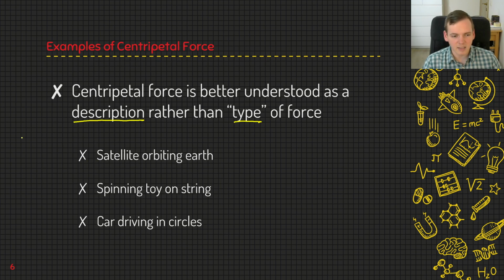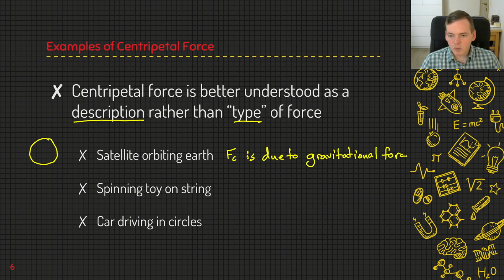So for example, if a satellite is orbiting the Earth in a perfectly circular orbit, the centripetal force is due to the gravitational force. Or in other words, we can think about instead saying the gravitational force in this instant is a centripetal force. It is a force causing circular motion. If I've got a little toy that I'm kind of spinning on a string above my head, then F_c is due to tension force.